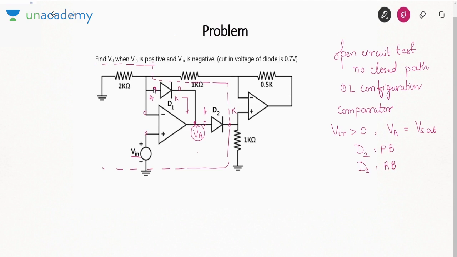Okay. In that case, I will redraw this circuit. This forward biased diode will be replaced by a battery, minus plus.